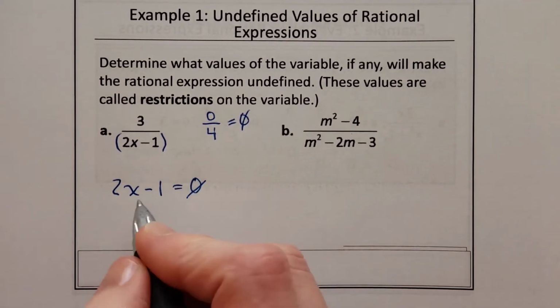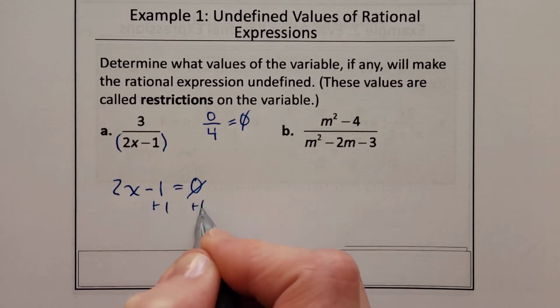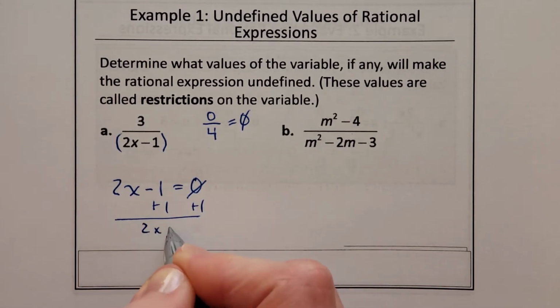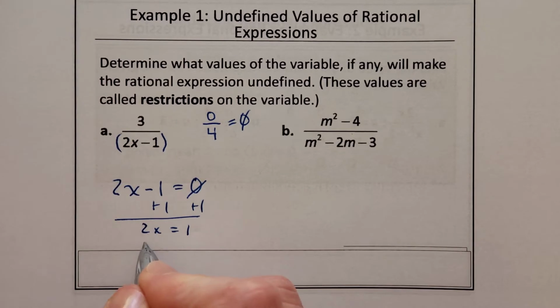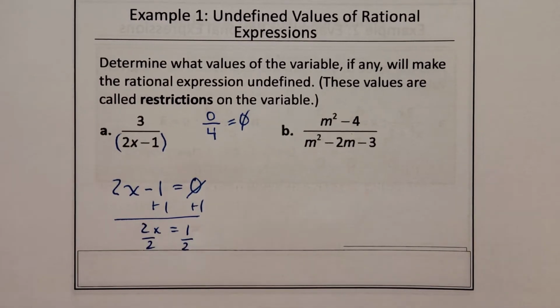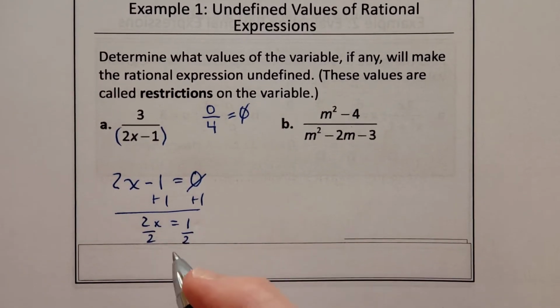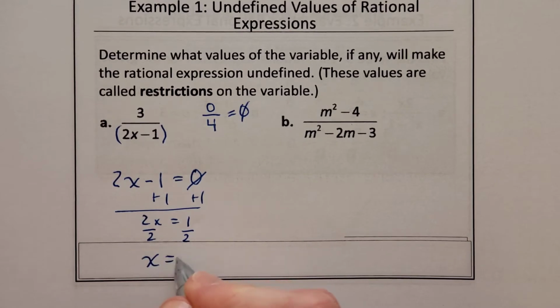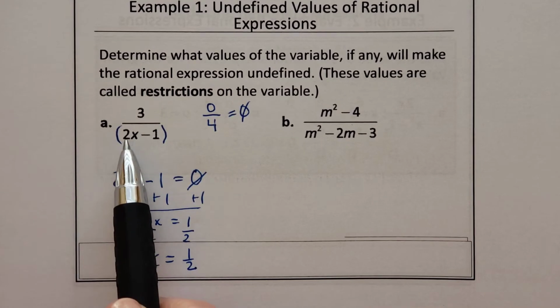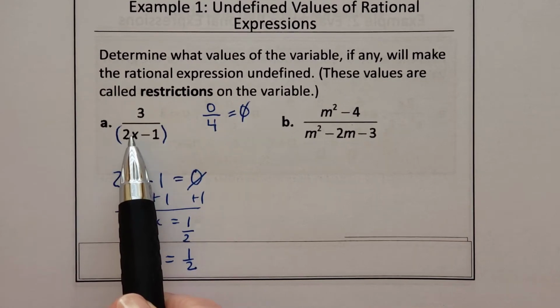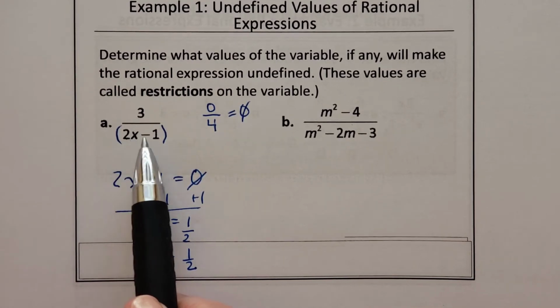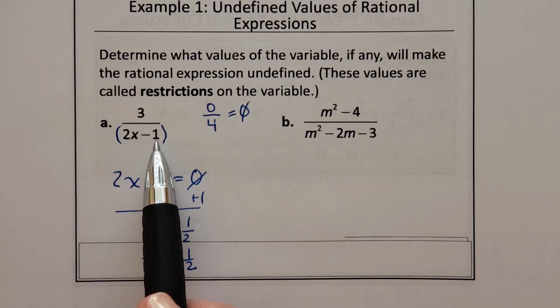So to solve for x, you're going to add 1 to both sides. So then we'd have 2x equals 1. And then to get x by itself, you're going to find that x is equal to 1/2. In other words, if x is equal to 1/2, well, 2 times 1/2 is 1, and 1 minus 1 equals 0.